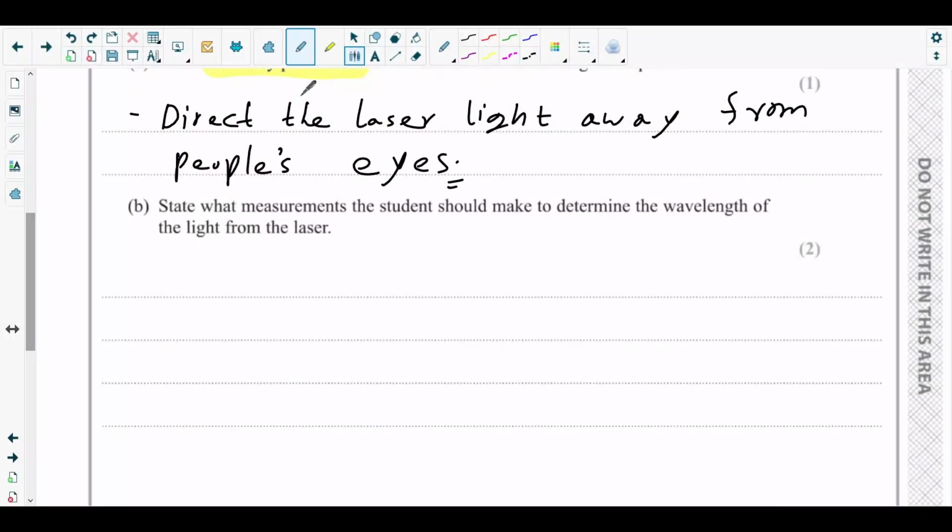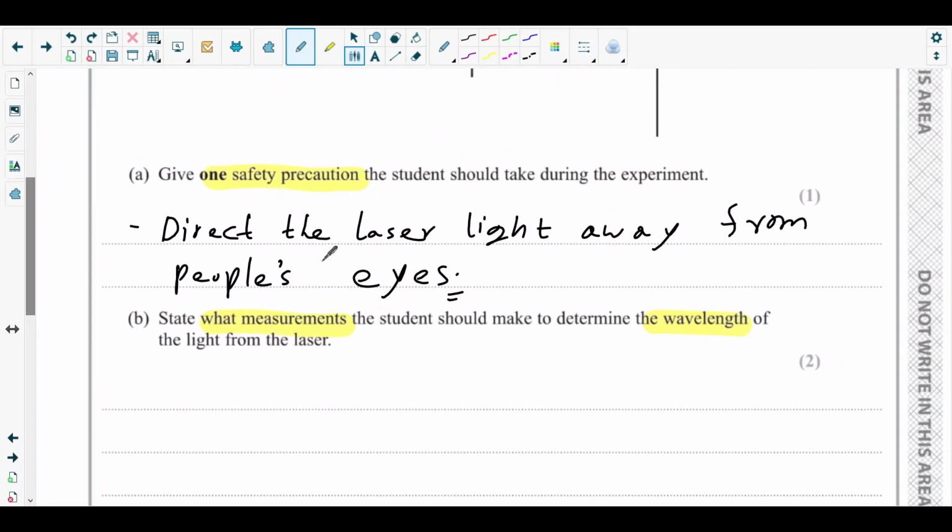In part B, the question is asking to state what measurements the student should make to determine the wavelength of the light from the laser. We know that the formula for diffraction grating is n lambda equals d sine theta. So n can be found from the number of the order that has been considered.